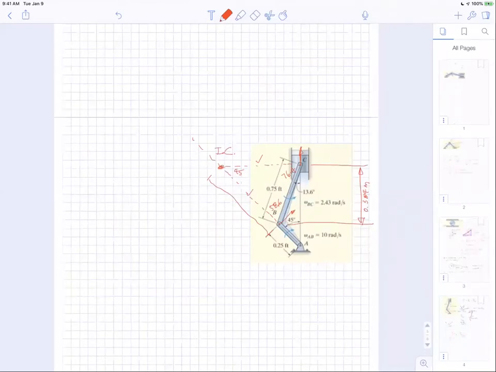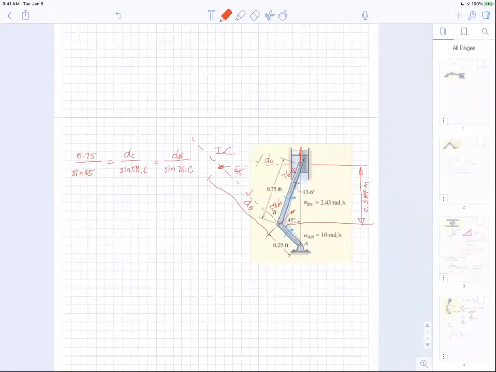Let me start it out for you. 0.75 over sine 45 equals, let's call this dC the distance to C, and this dB the distance to B, dC divided by the sine of the opposite angle equals dB over the sine of its opposite angle, 76.4.